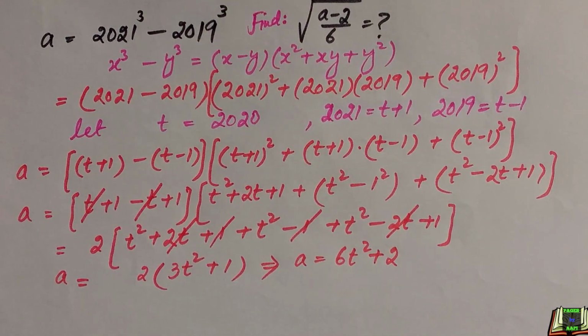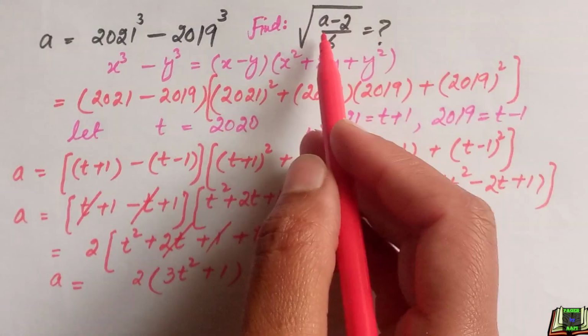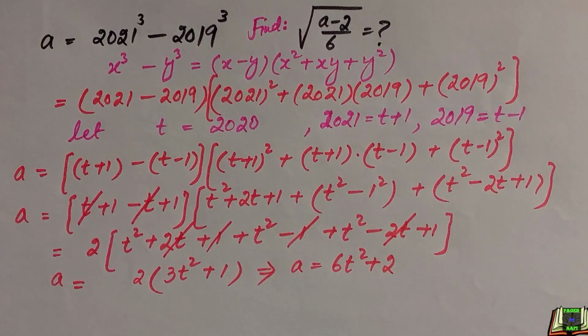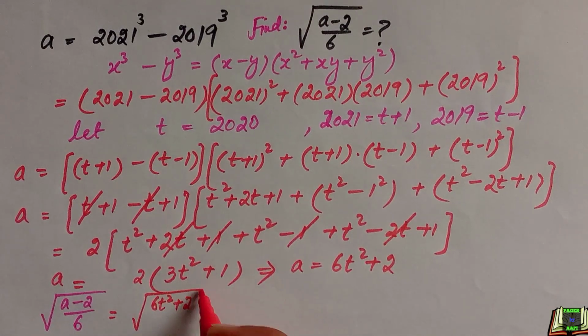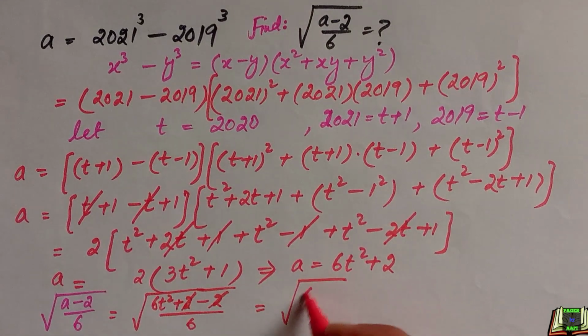But we have to find the value of square root of A minus 2 divided by 6. So we are going to put the value of A, which is equal to 6t square plus 2, and this negative 2 divided by 6, plus and minus 2 cancel out. 6t square divided by 6, 6 and 6 cancel out.